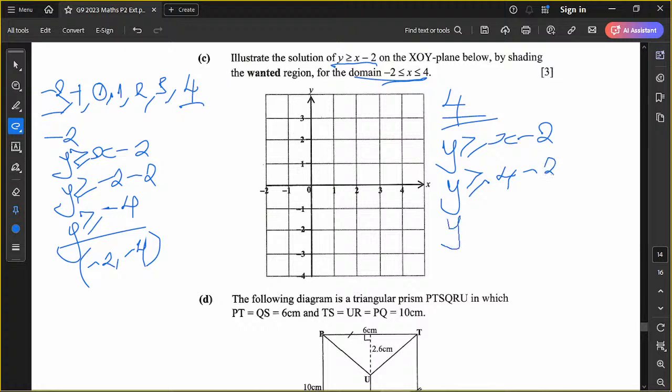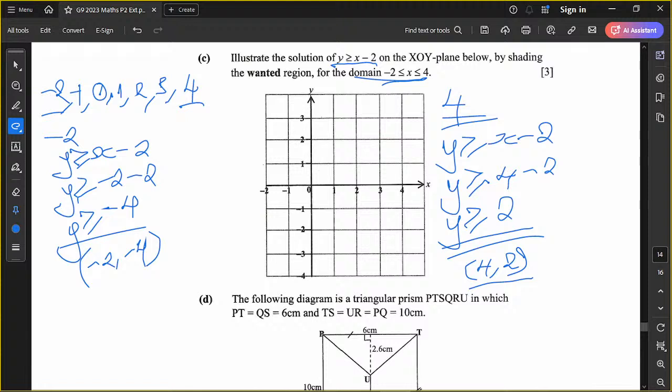Then we say y is greater or equal to 4 minus 2 will give us 2. So the value of y will be 2 when x is equal to 4. Therefore, we can say open bracket, 4 comma 2 as a coordinate.